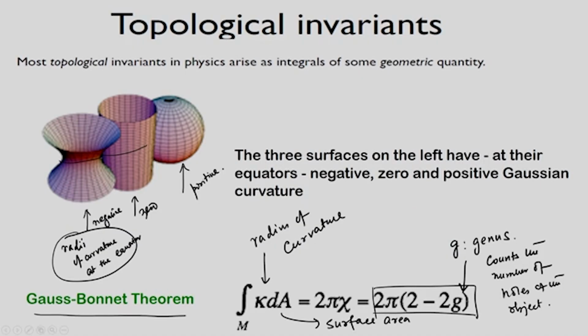As you see, 2 pi is of course a constant, and for a given system, if you don't puncture it or tear it, the genus will remain the same, is what we have said. So, the whole thing is a constant, and this constant is the topological invariant of the system, which is analogous to the Chern number that we will see. Okay, and it has a very nice connection with the quantum Hall effect.